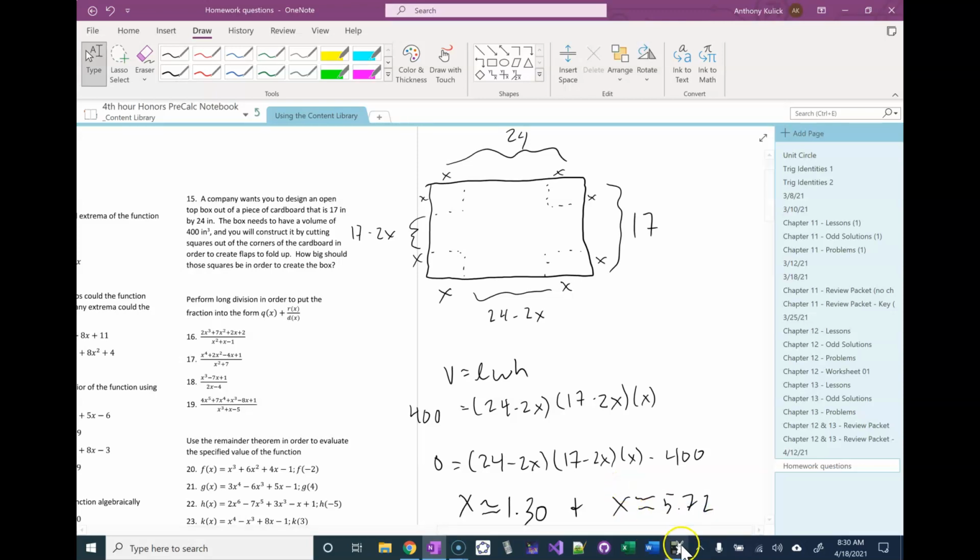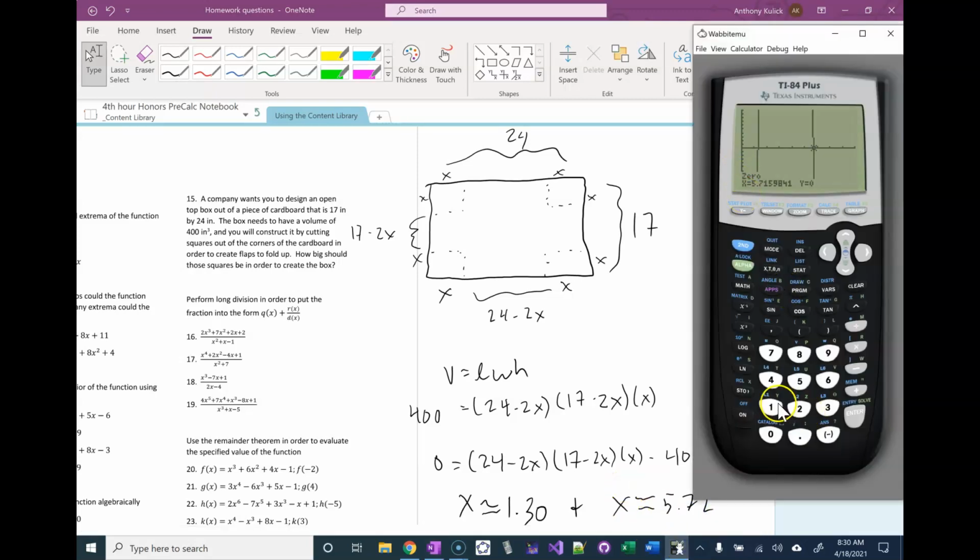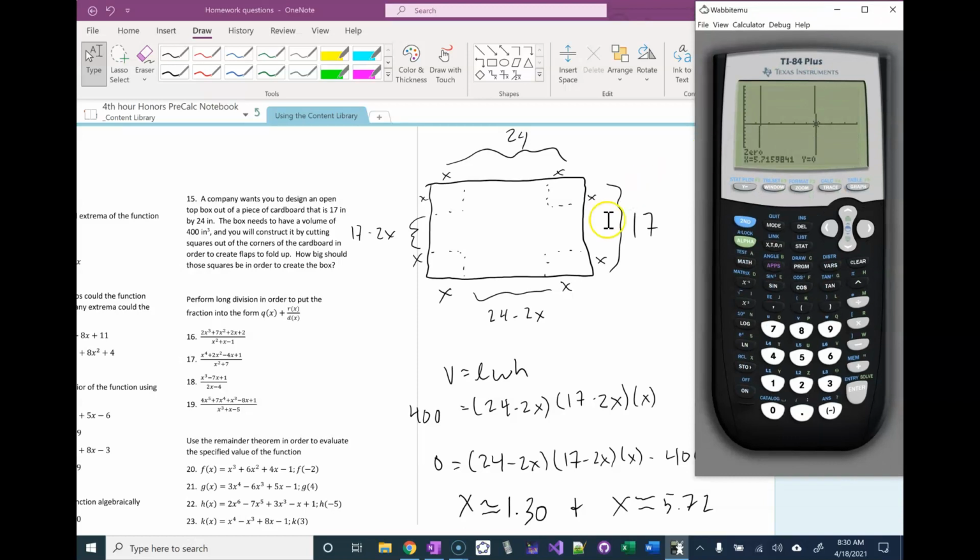And I think if we look at this carefully, the dimensions then of my box could be 17 minus 2 times 1.3.